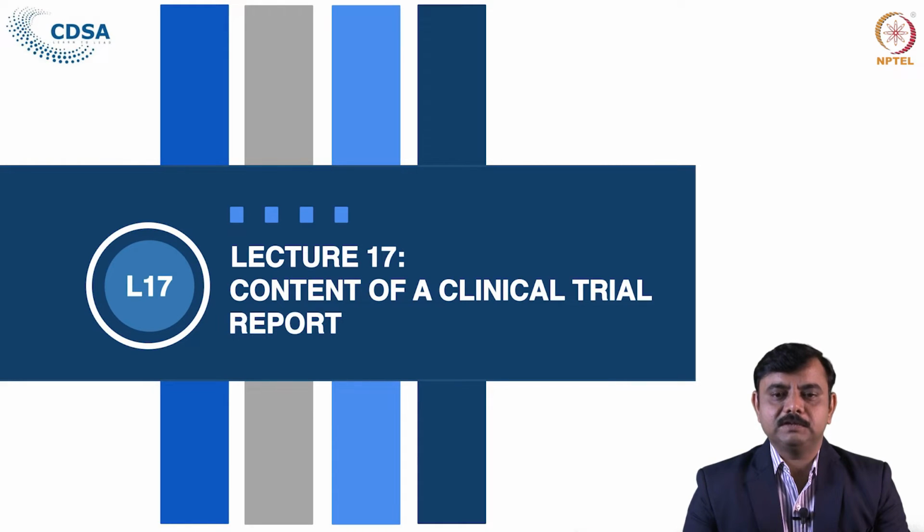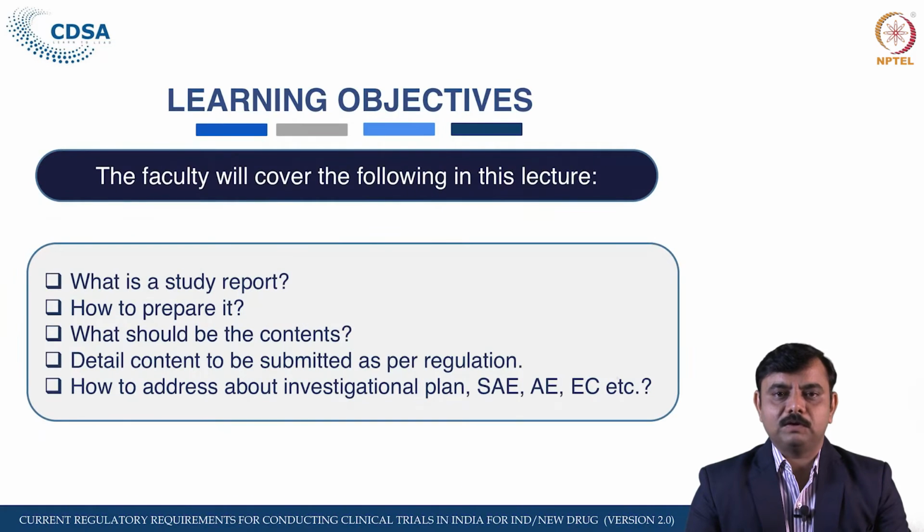In our previous lecture we saw how to propose a clinical trial protocol, and in this lecture we are going to see how to report the study after its completion, that is, the content of the clinical trial report. After completion of the lecture, the learners will know what is meant by a study report, how to prepare it, and the detailed content to be submitted as per the regulation, that is, what the regulatory authorities expect.